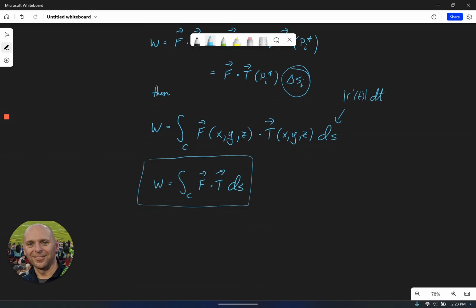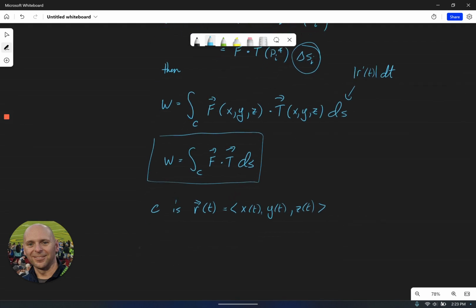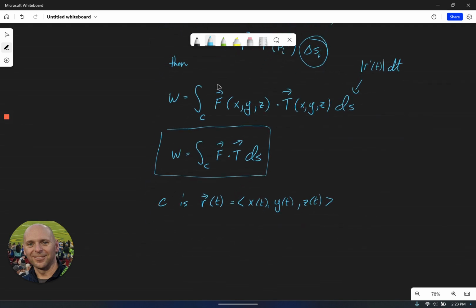Let's take C to be some function r of t, given as x of t, y of t, and z of t, parametrized by some vector valued function. And we know how to compute the unit tangent.